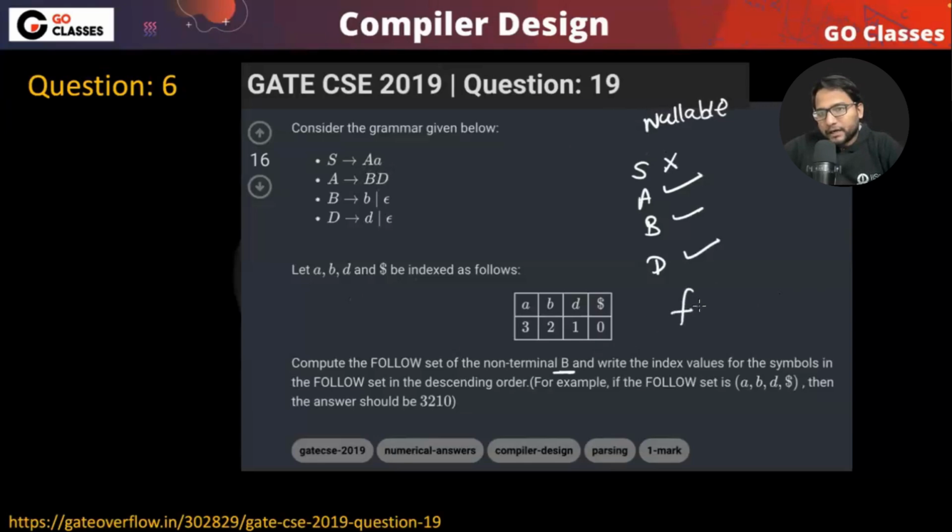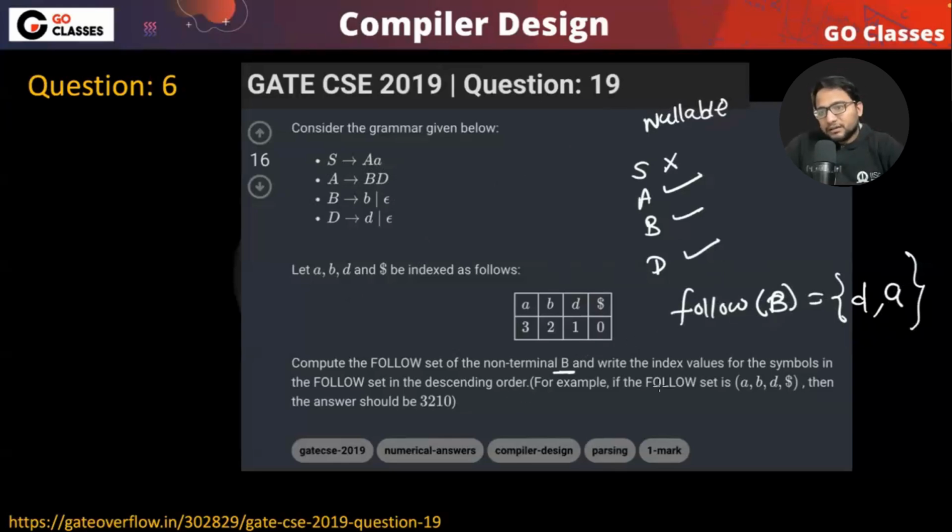Follow of B is first of D, which is small d. And since D is nullable, it also includes follow of capital A. What is the follow of capital A? It is small a, and that's all. So a and d.